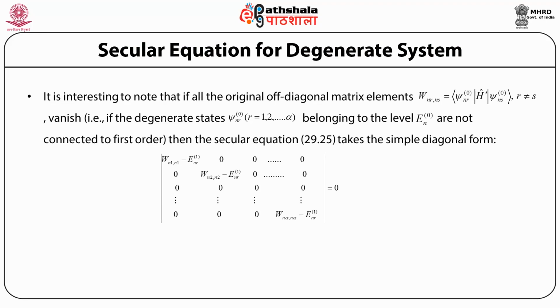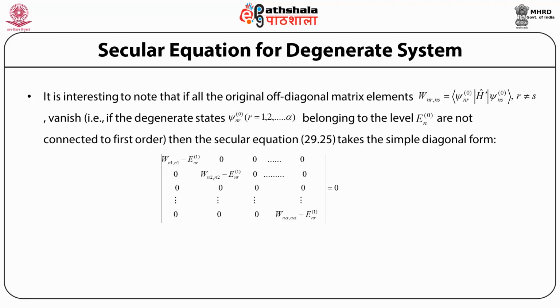It is interesting to note that if all the original off-diagonal matrix elements W_nrs, equal to a matrix element of H' between psi_nr^0 and psi_ns^0 when r not equal to s, vanish, that is, if the degenerate states psi_nr^0 where r starts from 1 till alpha belonging to the level E_n^0 are not connected to first order, then the secular equation 29.25 takes the simple diagonal form.